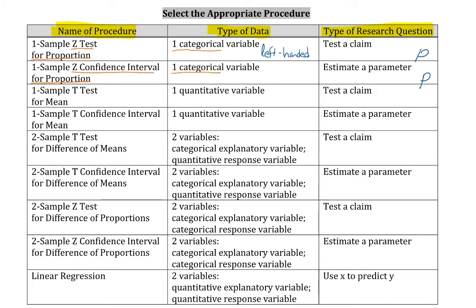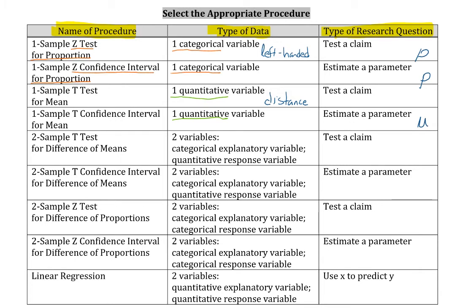On the other hand, if we're given a quantitative variable, such as the distance that SLCC students drive to get to school, notice that the distance, a quantitative variable, could be represented by mu.